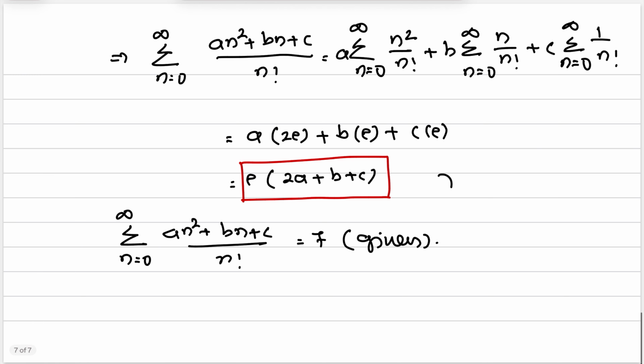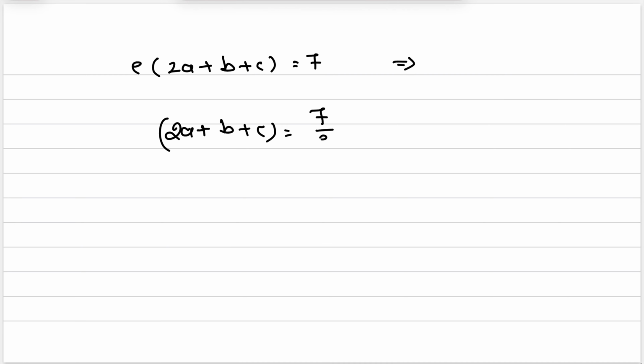From these two, we get that e into 2a plus b plus c is equal to 7. That implies 2a plus b plus c is equal to 7 by e. This is the answer. This is what we have to get. We solved the problem.